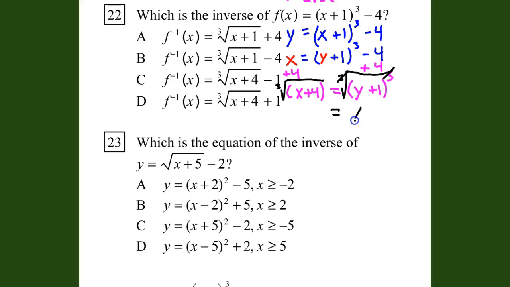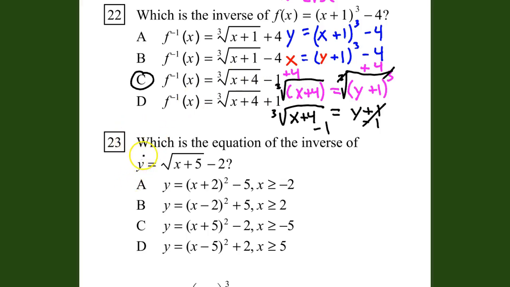So then we have just the inside left over, y plus 1, with the cube root of x plus 4, and then subtract 1. So now we have y equals the cube root of x plus 4 minus 1. And so that's going to be, looks like C. Cube root of x plus 4 minus 1.